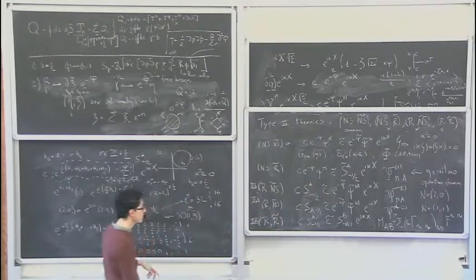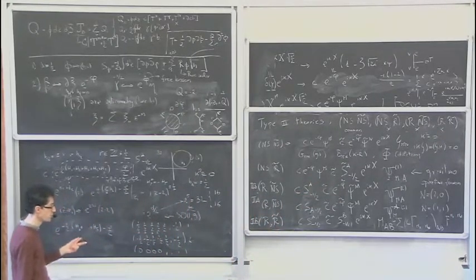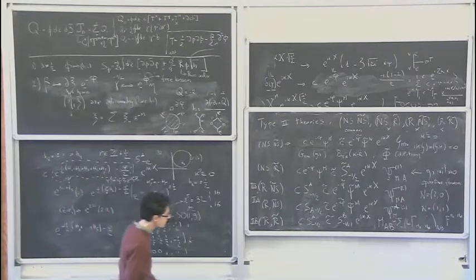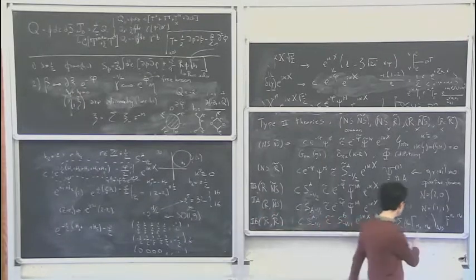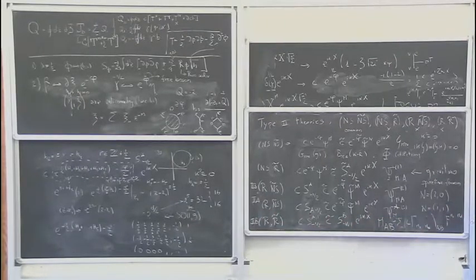Now, the difference between type 2A and type 2B is that if these two spinors have the same chirality, then this sum goes over only the objects that have an odd number of indices.